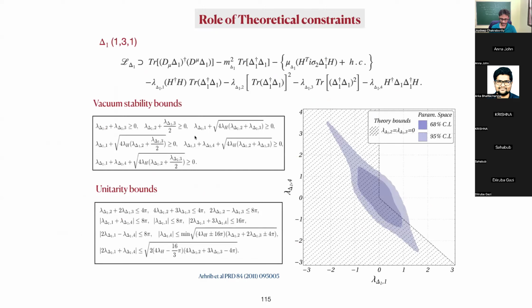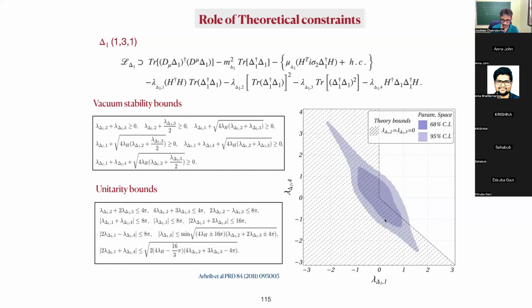Fine. So now another important thing that one has to be careful about is the theoretical constraints, for example, unitarity and vacuum stability, if you're doing scalar fields and those kinds of bounds. Why? Because here is a nice example. If you take the complex triplet and perform the fitting to all those data, you find this is the allowed regime in the model parameter space. But if you invoke these theoretical constraints, then many chunks of this parameter space are actually ruled out.